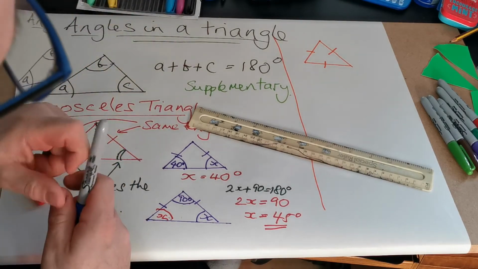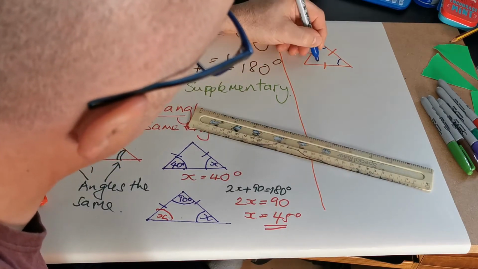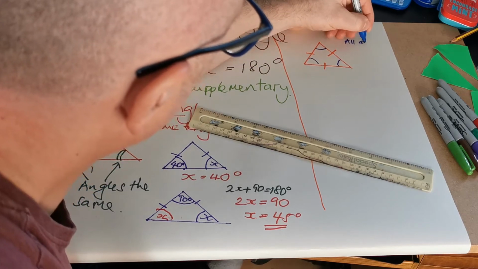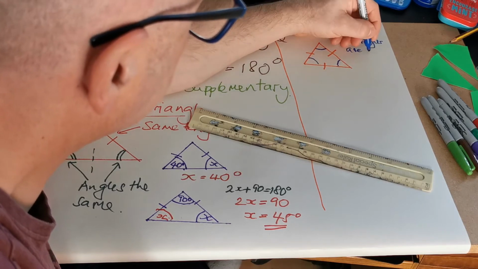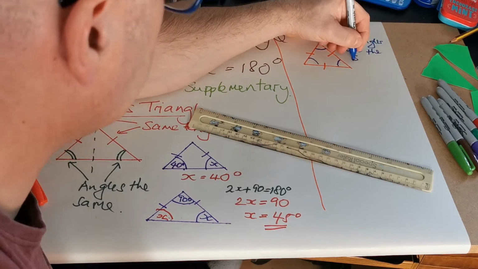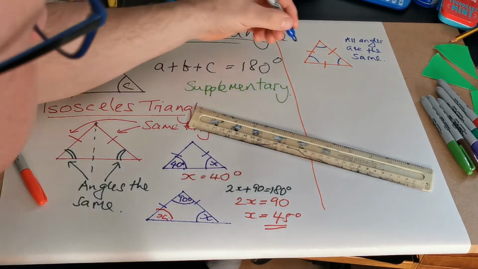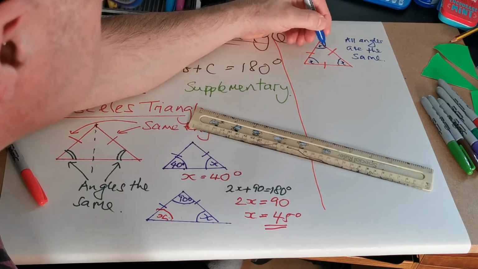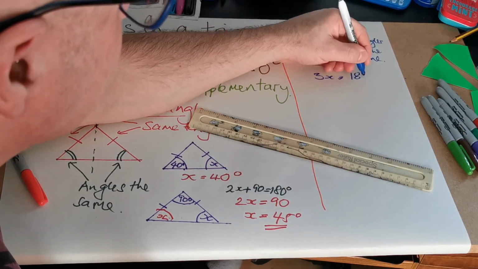And so what that means is all of these angles are the same. And if I've got three angles, x, x and another x, I've got three x's equals 180 degrees.